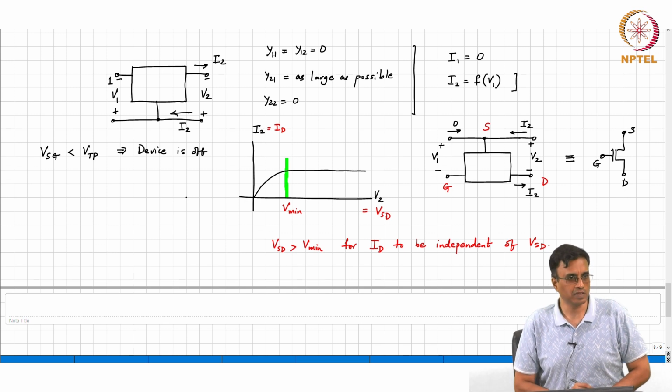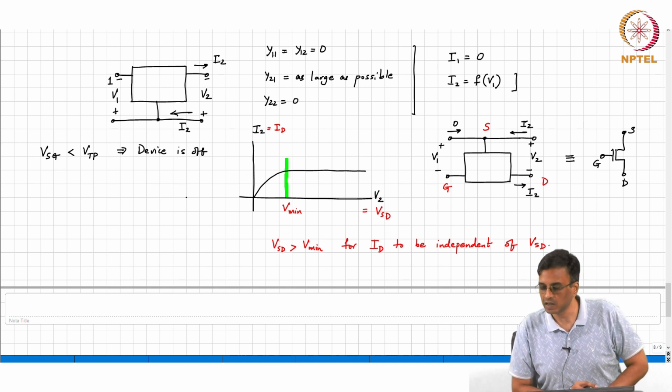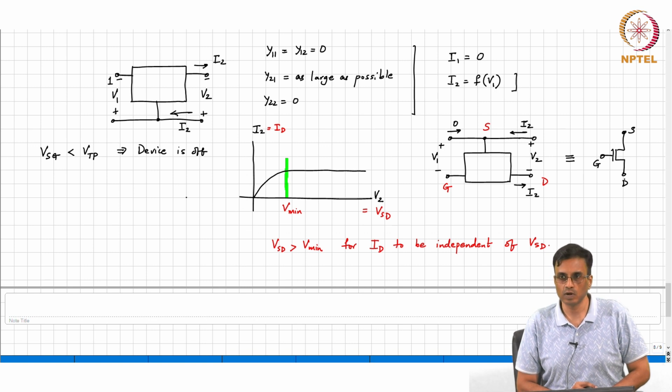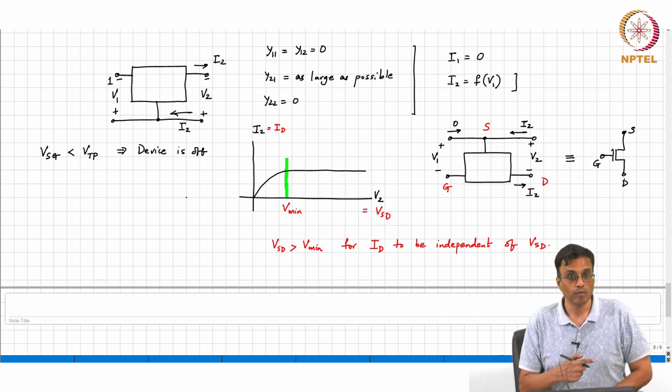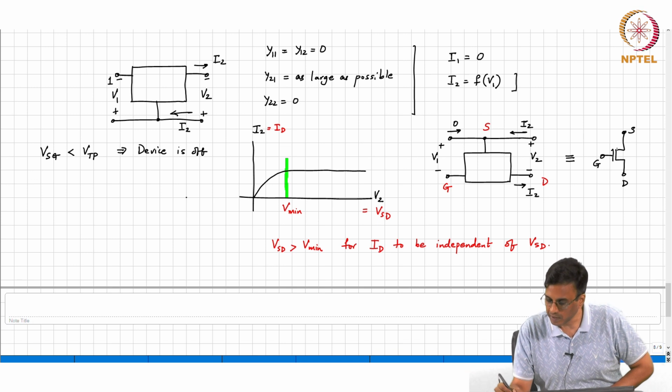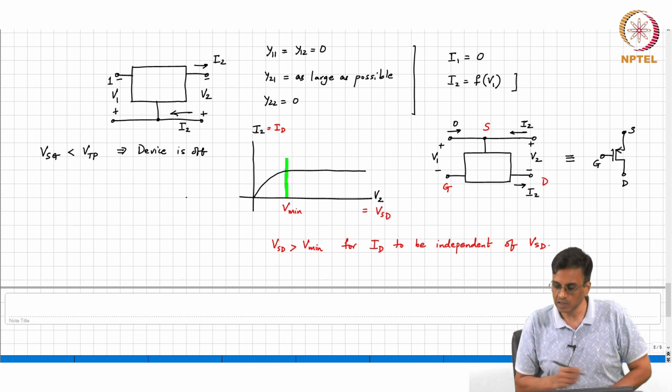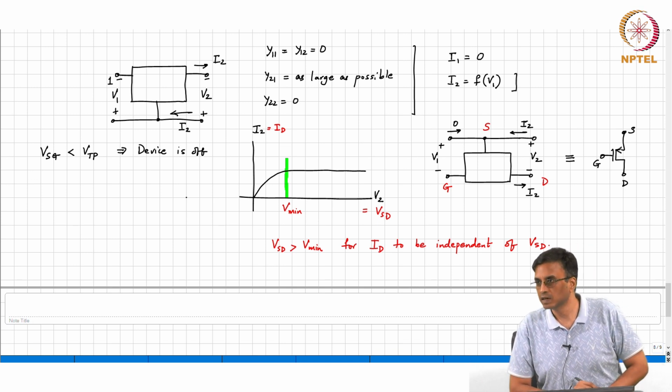Now, in the NMOS case, in which terminal was the arrow put? In the source. So, here also we should put it in the source. What did the direction of the arrow indicate there? Direction of current. So, here which direction does the current flow? Into the source. So, if we use the same logic, then this must be the symbol of the PMOS transistor.